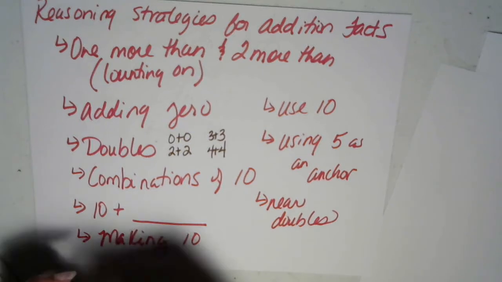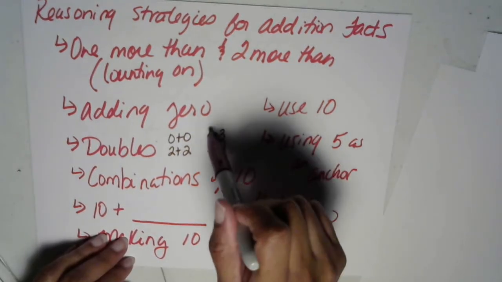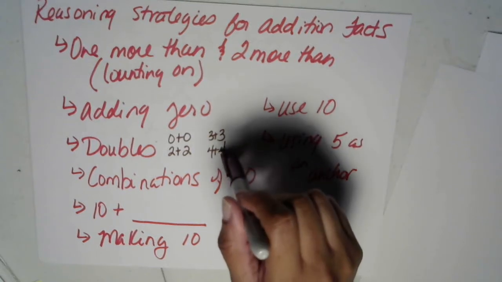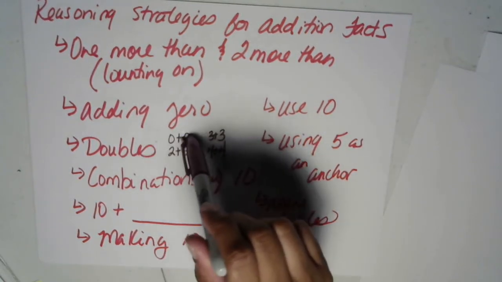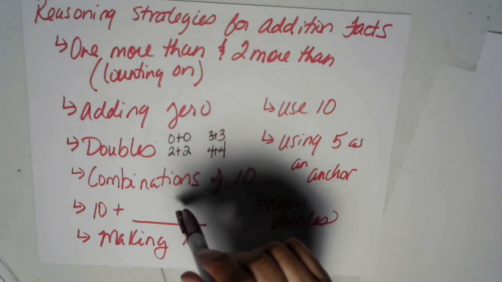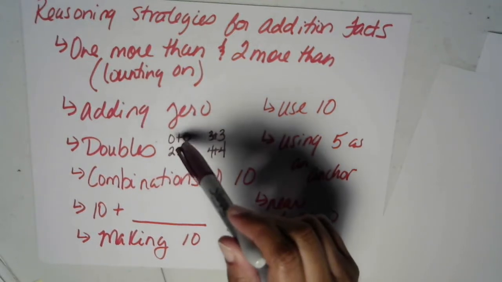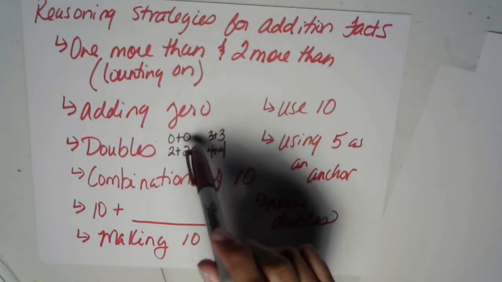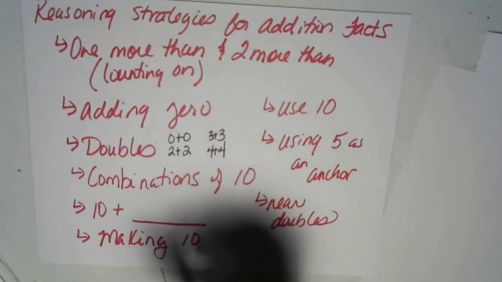A big strategy they use in the math classroom is doubles and near doubles: having students automatically look at 2 plus 2 and know it's 4, 4 plus 4 is 8, and spending time on those 10 facts.